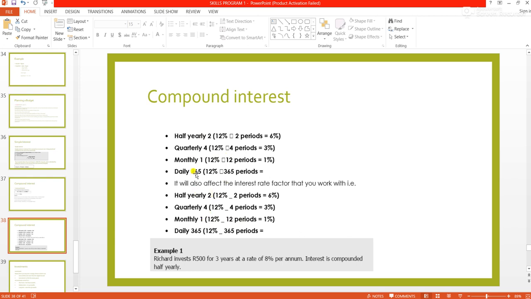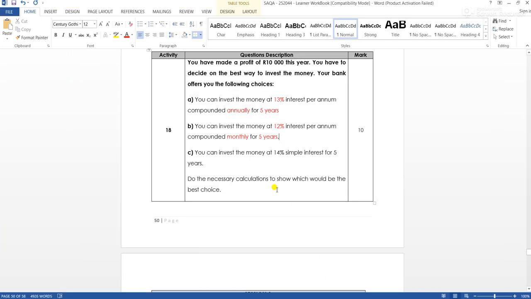In this slide, I've explained what to do when you're dealing with compounded interest, when it's half yearly, monthly, quarterly and daily. These are the terms that you need to familiarize yourself with, in terms of whether you multiply by 2, 4 or 1. So you need to apply that rule for this question.